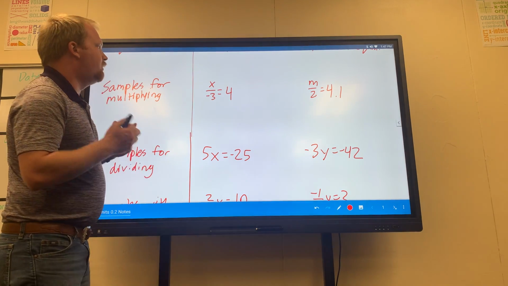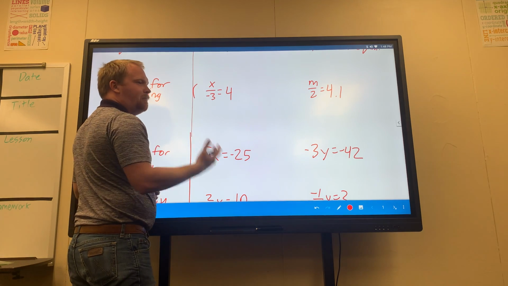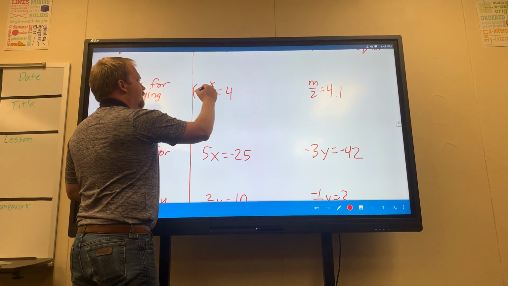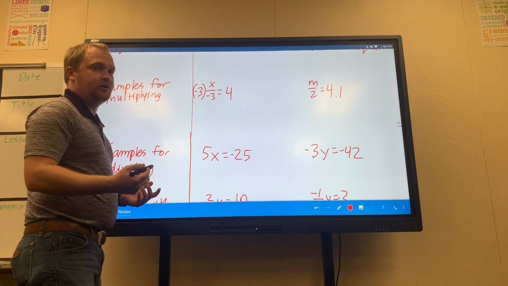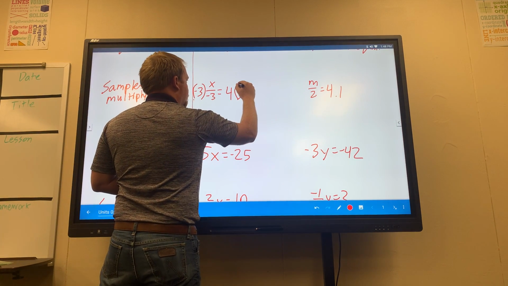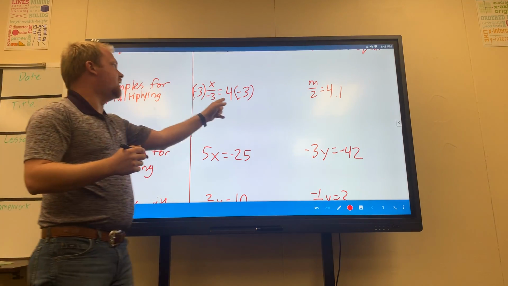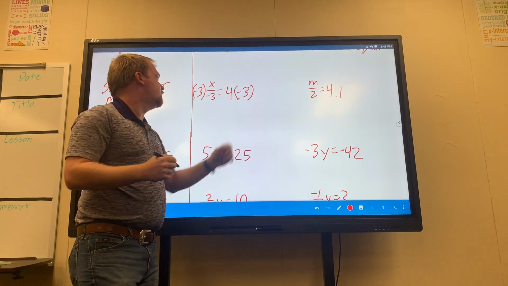So I'm not just multiplying by +3, I'm multiplying by -3. Remember, what I do to one side, I have to do to the other. So I'm multiplying 4 by -3.